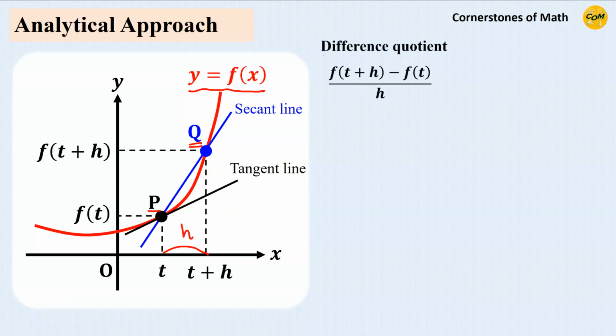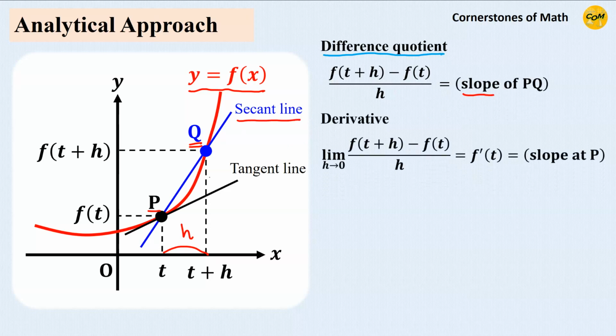Then we can define the difference quotient, which is (f(t+h) - f(t))/h, which is the slope of the secant line that passes through points P and Q. Then, if we take a limit where Q approaches P, which is equivalent to h approaching 0, this difference quotient may approach a certain limiting value, which we call the derivative at x = t, and it is the slope of the tangent line at point P.